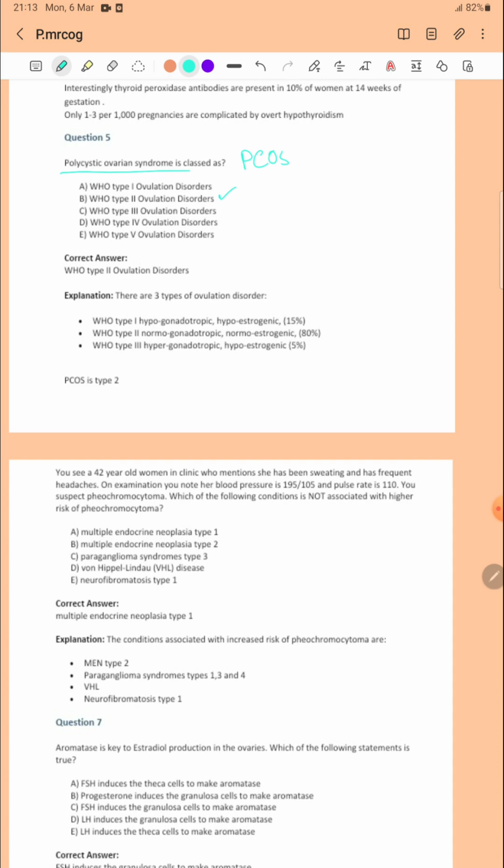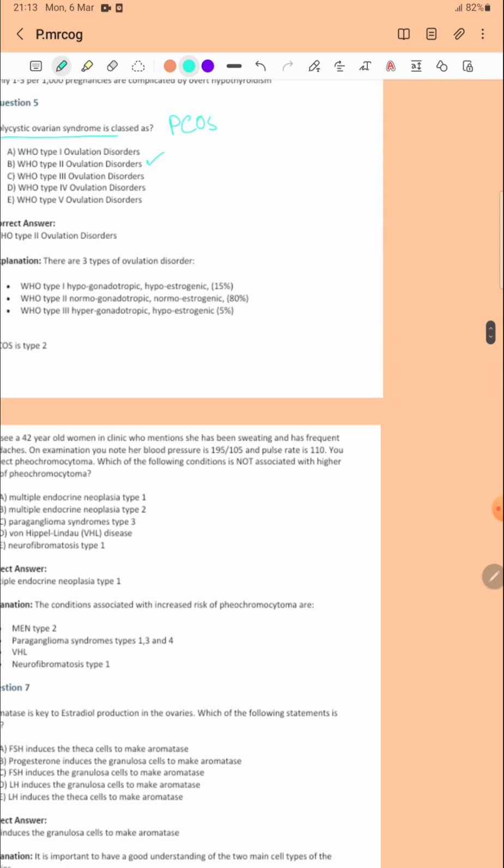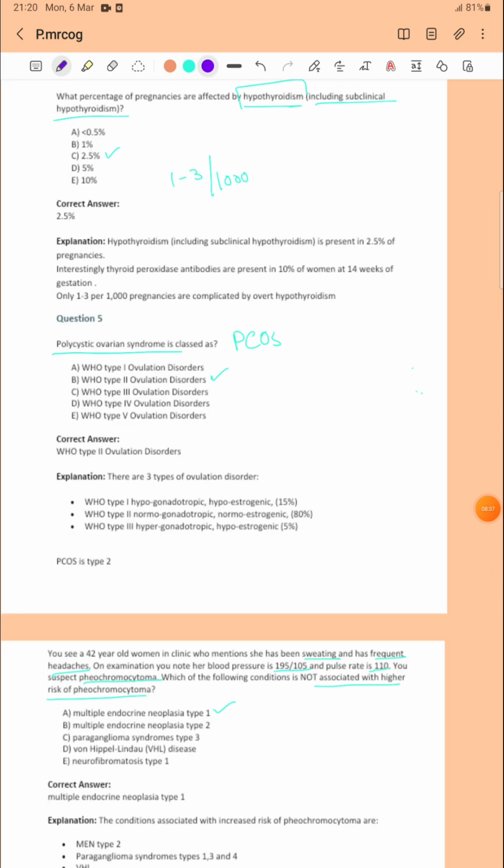Because there are three types of ovulation disorders according to WHO: 1, 2, and 3.